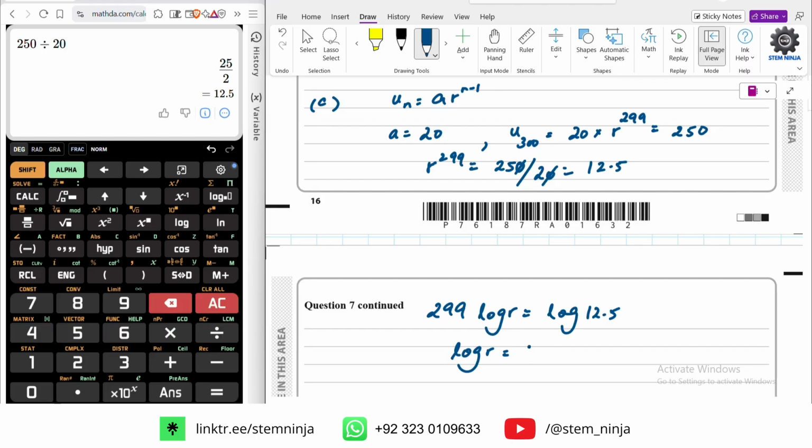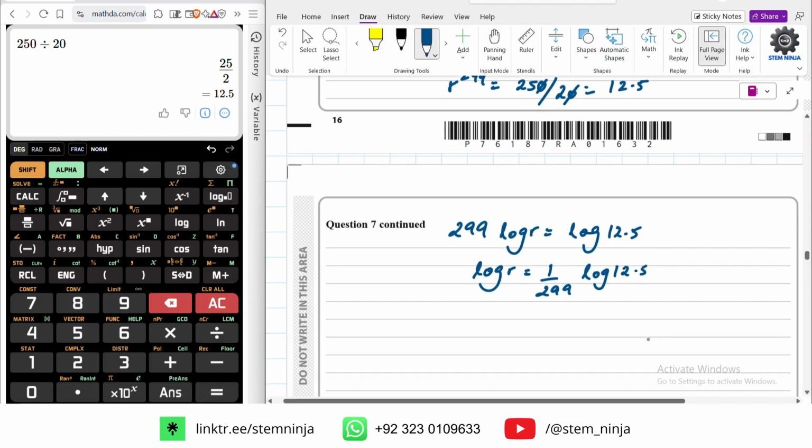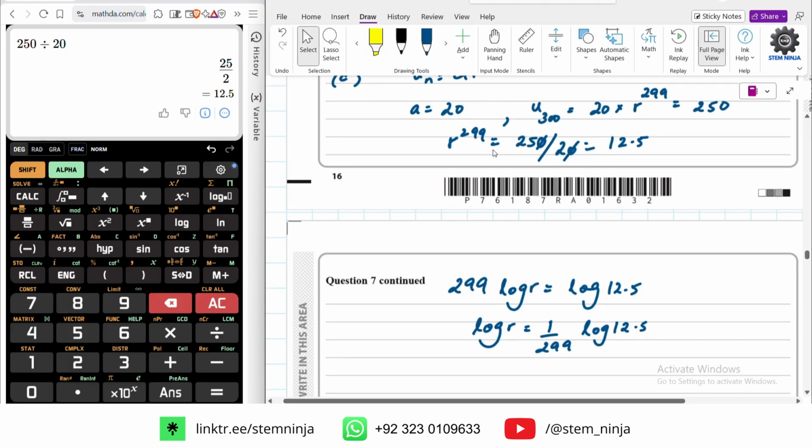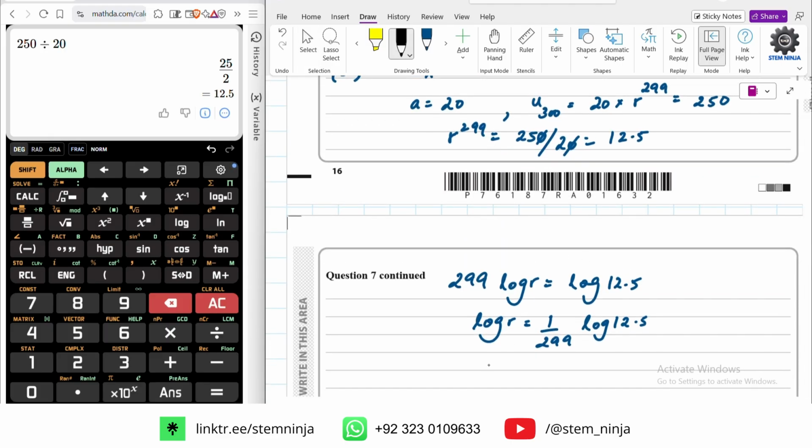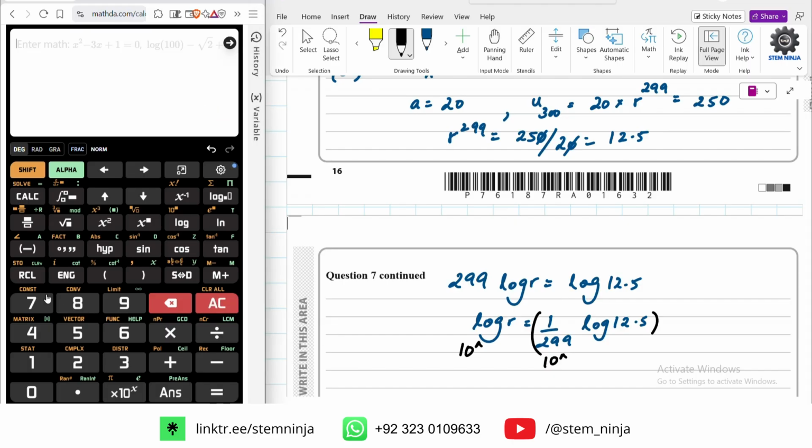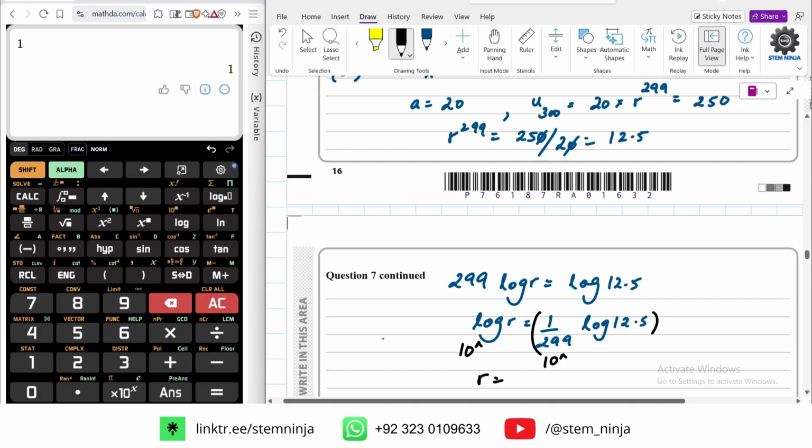So we can do 1 over 299 log of 12.5, and then we can do, actually this was useless, can't believe, okay, that's fine, we can do that. Okay, never mind. So now we can do 10 raised to power this. Okay, so we find out first. So R would be that.